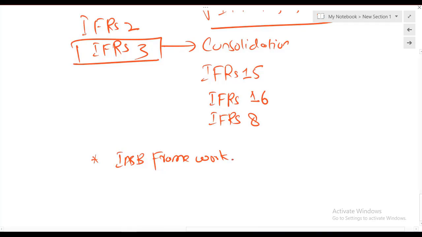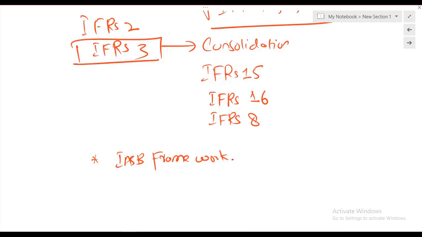And let me give you an idea. Normally what happens on each IAS almost, or on each IFRS, you will be finding the IASB conceptual framework discussion also. For example, let's say we are discussing under IAS 16 property, plant and equipment the asset recognition criteria. Once we have discussed what IAS 16 says, for example, for the asset recognition criteria, then we need to know what the revised conceptual framework is saying about the asset recognition criteria.